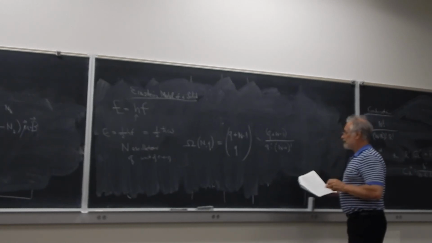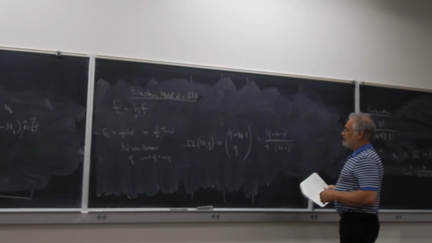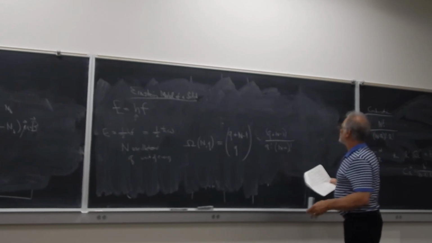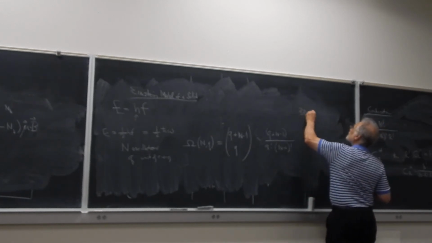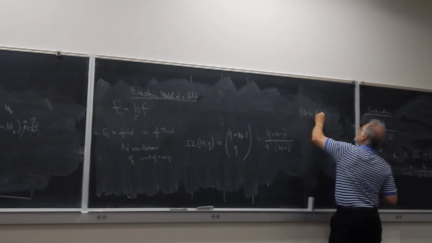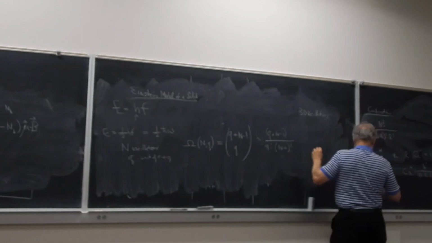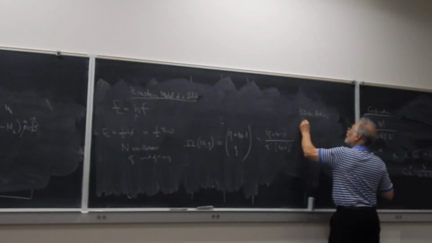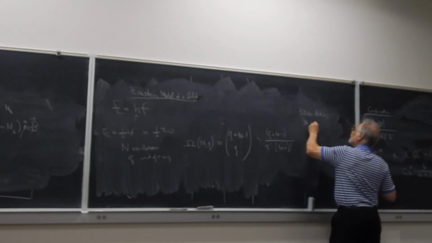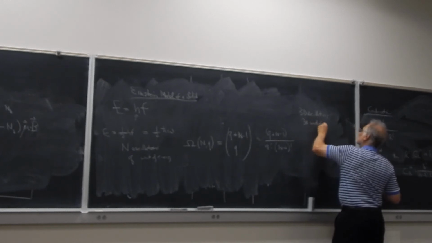So I can calculate the multiplicity, the number of ways I can configure a system with 30 oscillators with 30 units of energy.